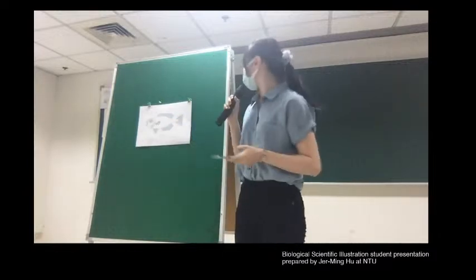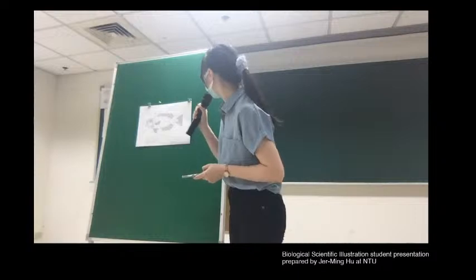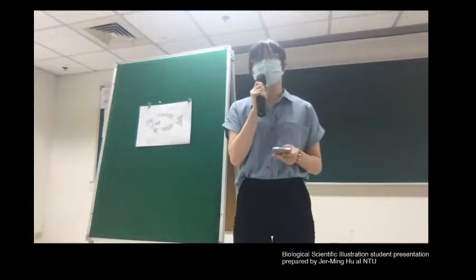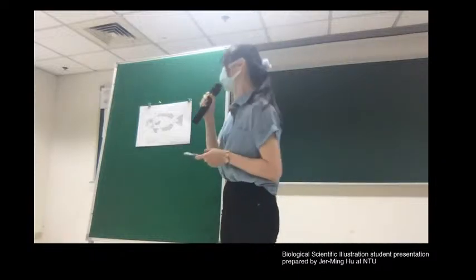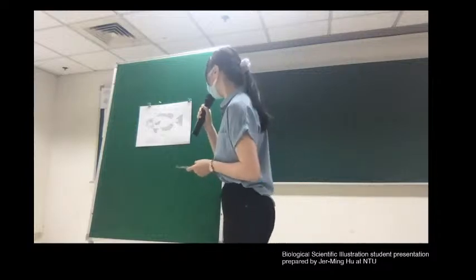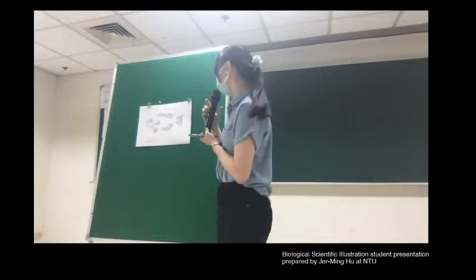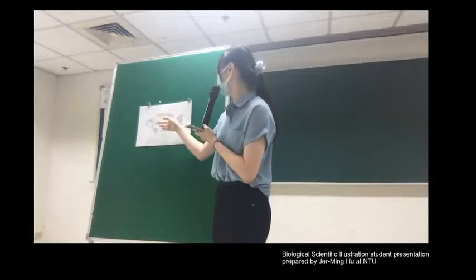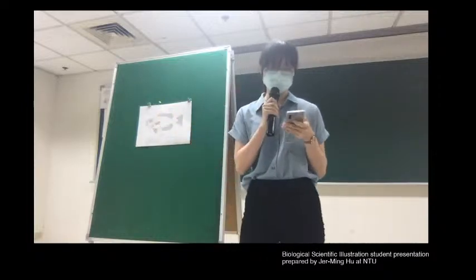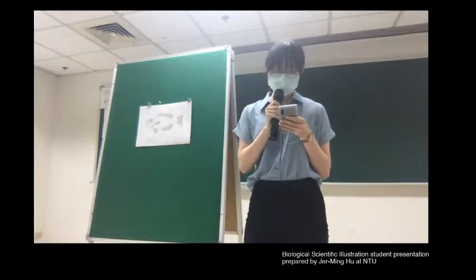And second, we can recognize its genus by the ratio of the second spine to the 10th spine of its dorsal fin. And finally, we can identify what species it is by the fin formula.